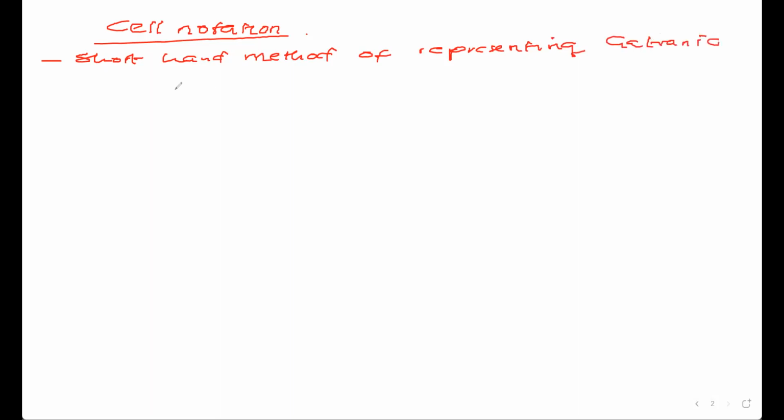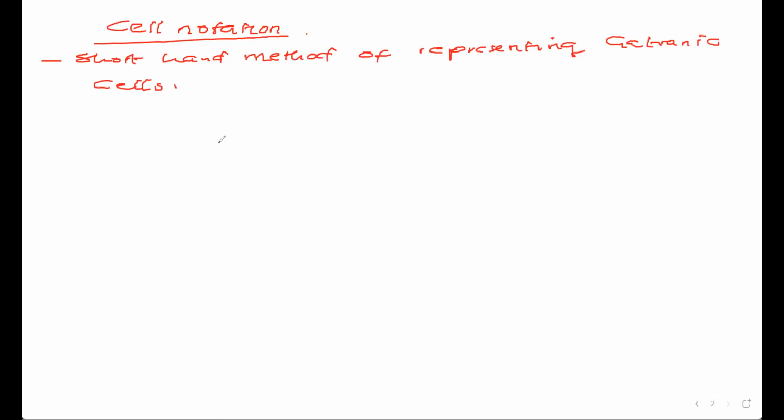So the cell notation, just a brief background, is basically the shorthand method of representing galvanic cells.